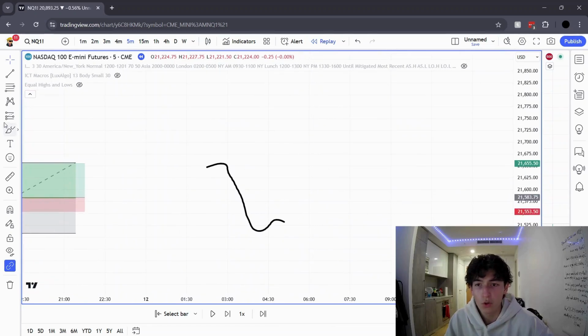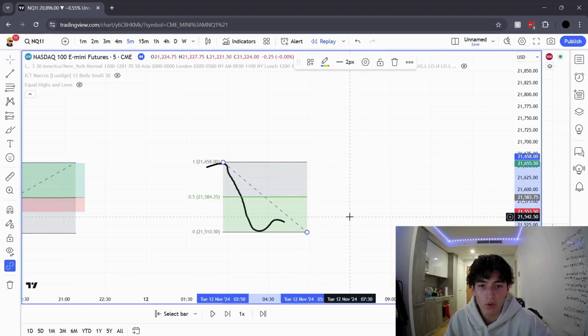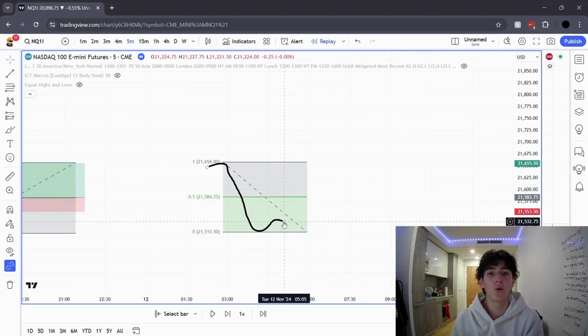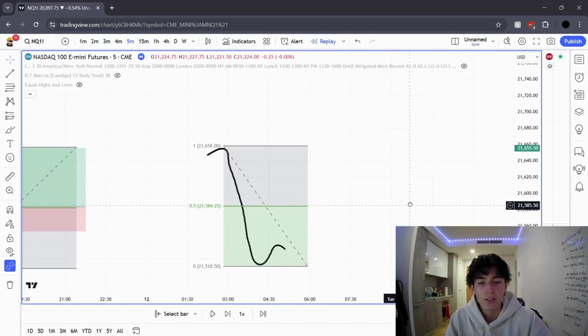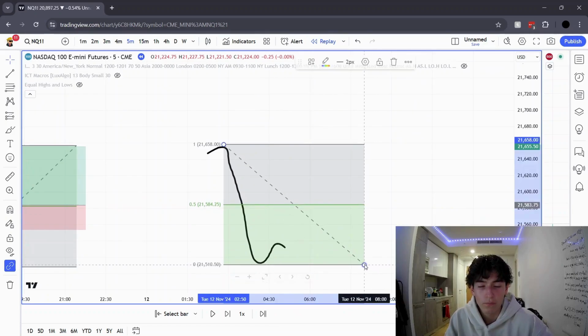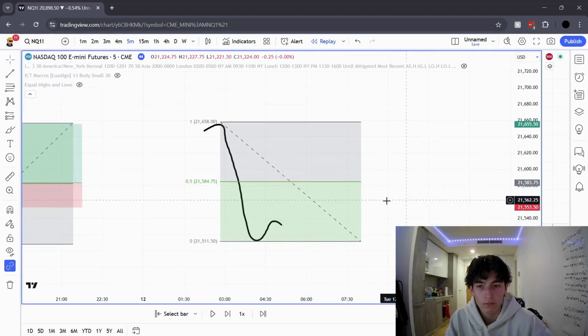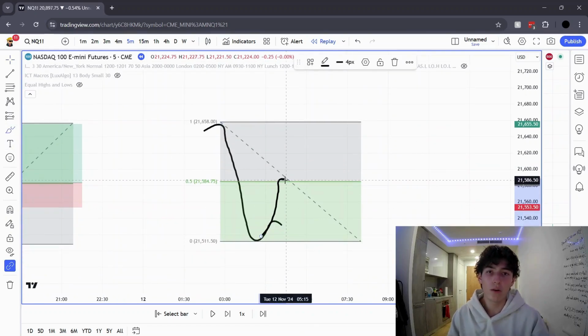When you're looking for shorts, you typically wouldn't want to be looking for shorts all the way down here because you're already so close to that low, right? And what does market do when it sweeps highs and lows? It usually reverses, right? If it's major points of liquidity. But you don't know that. So you're better off waiting for it to retrace back up, and then you want to be looking for shorts, right?